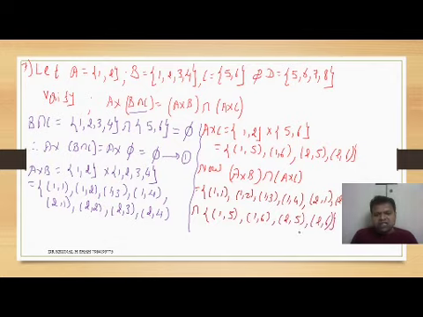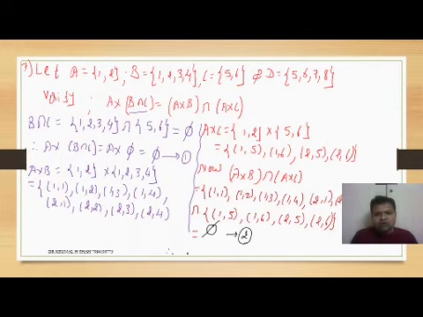Okay, intersection means common values here. Do you see anything common? Is there anything common in this? Check it out, son. Do you see anything common here? Sure, you have nothing as a common value. So that will be a null set. Once again, result number 2.